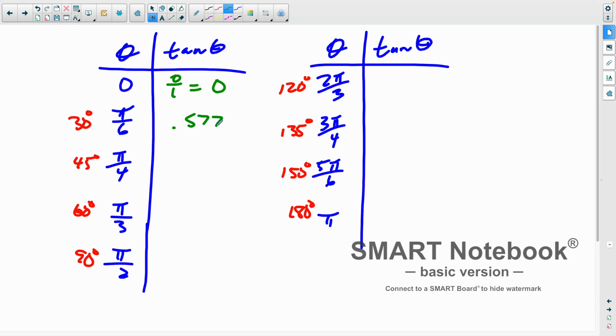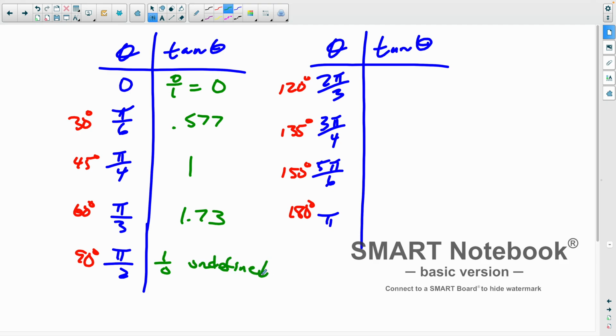What value did you get for pi over 3? 1. Because it was like 0.707 and 0.707 is over the same number on top. This one right here we got 1.73. And on 90 we got undefined. Yeah, so 1 over 0, which is undefined.